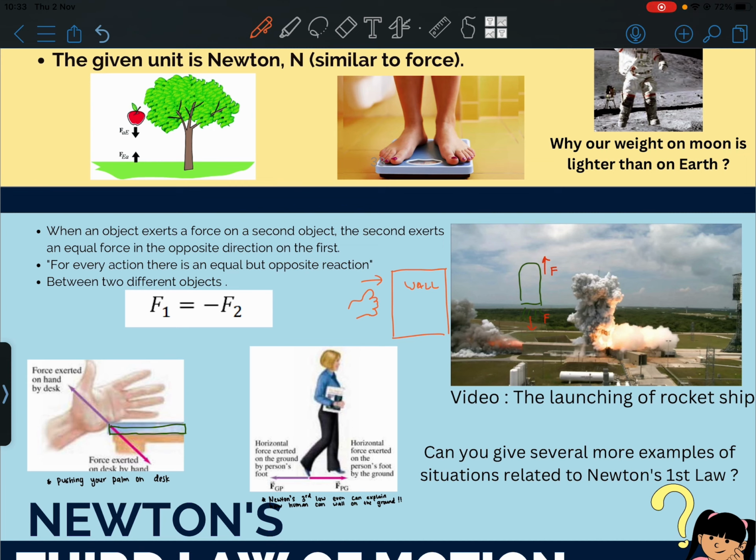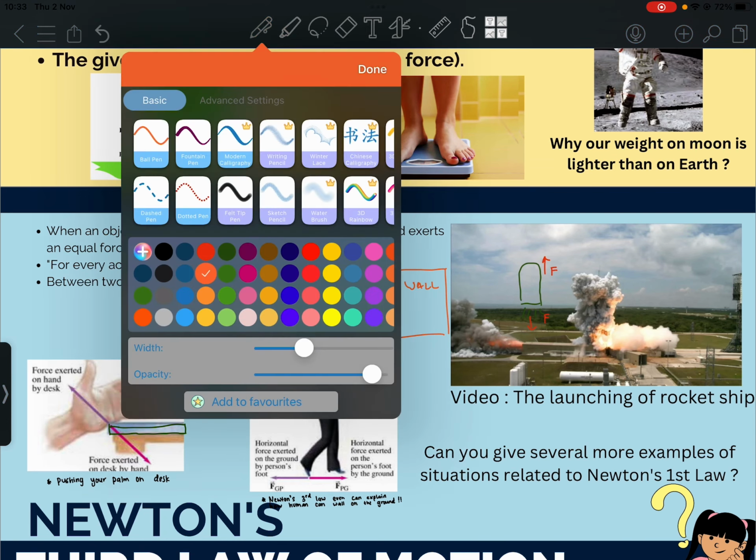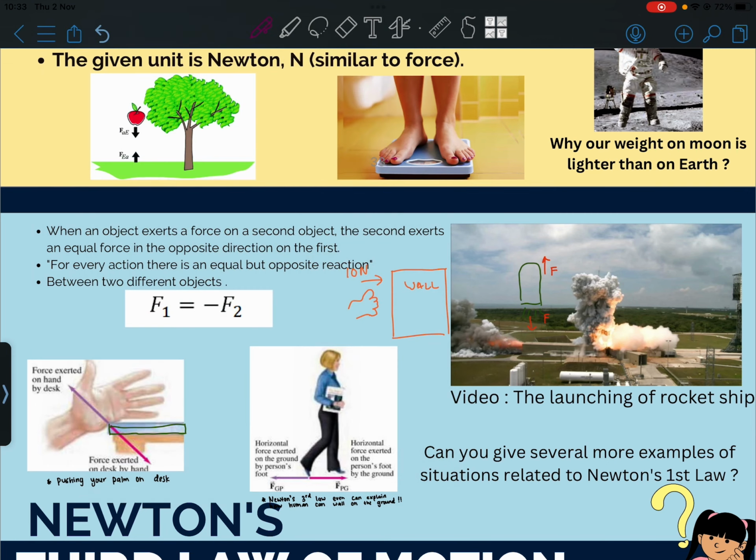So F to the right, I will give some value, 10 newtons, for example. As you reach the boundary of the wall, the wall itself will push you to the left. The direction is opposite, but the magnitude of the force is the same, 10 newtons too. So that's the third Newton's law.